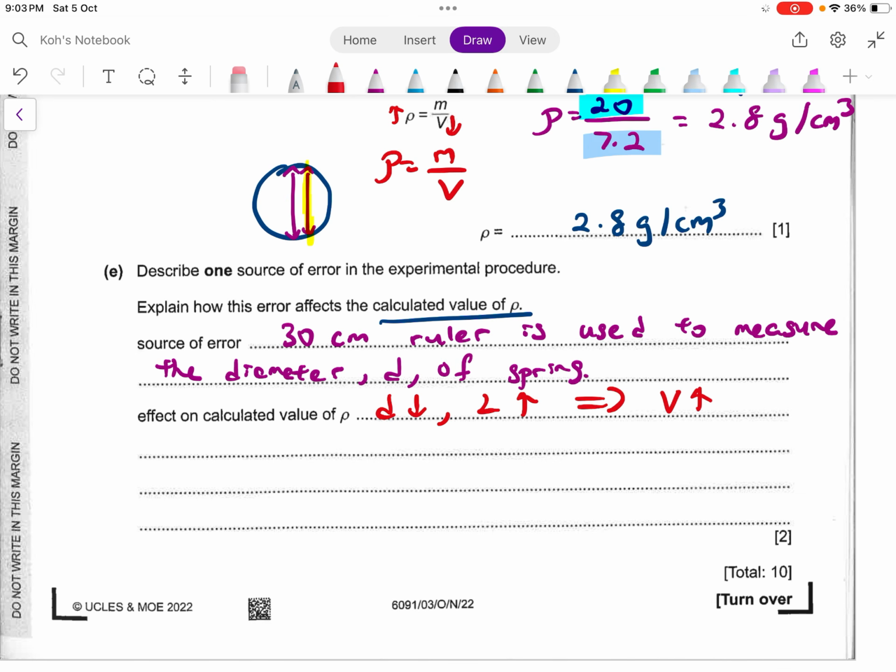So if the volume is bigger, rho equals M divided by V. Mass is normally quite accurate because it's given on the card. Then the V will be greater, meaning that the density of this spring will be lower than usual. So that is how we normally do this type of question.